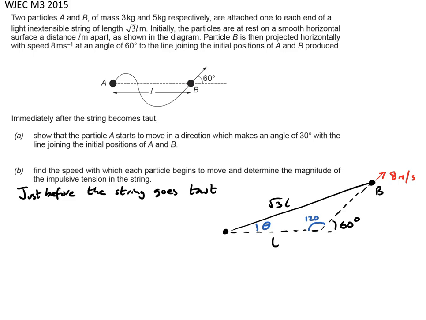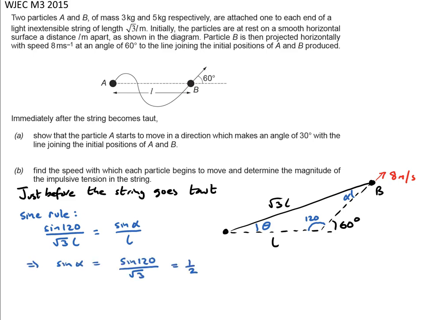And we could do with trying to find the angle theta, or equally well the angle alpha, and we can do this using a little bit of trigonometry, namely the sine rule. So we've got sine 120 divided by root 3 L is the same thing as sine alpha over L. So sine alpha must be sine 120 divided by root 3, which is a half.